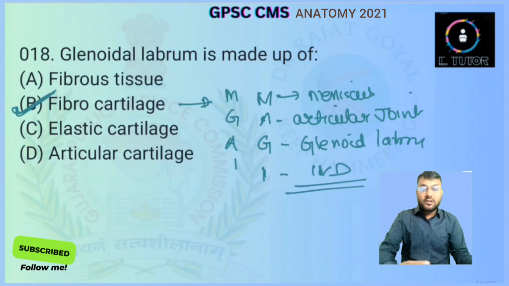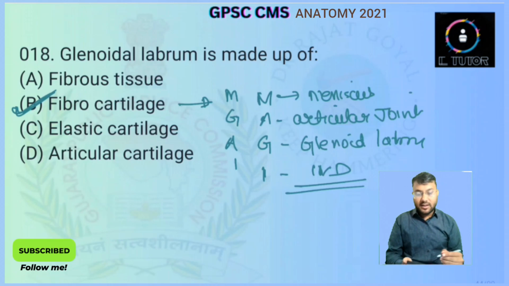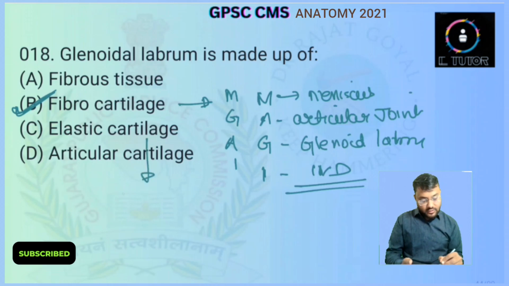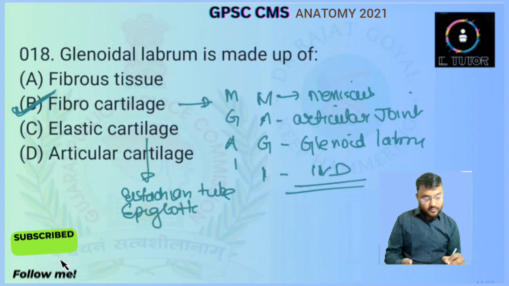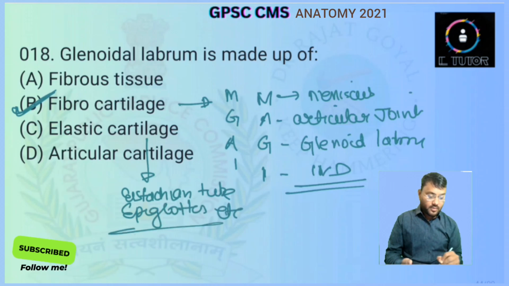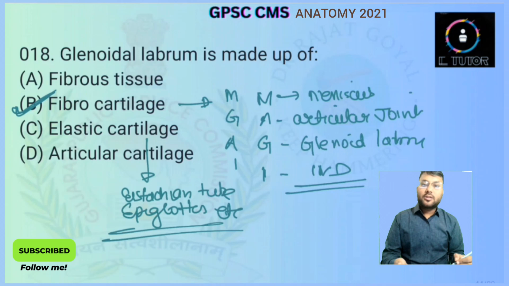So these all things develop from the fibrocartilage. And if we talk about the elastic cartilage, then eustachian tube, epiglottis, etc. So here they are asking about the glenoid labrum, so answer will be fibrocartilage.